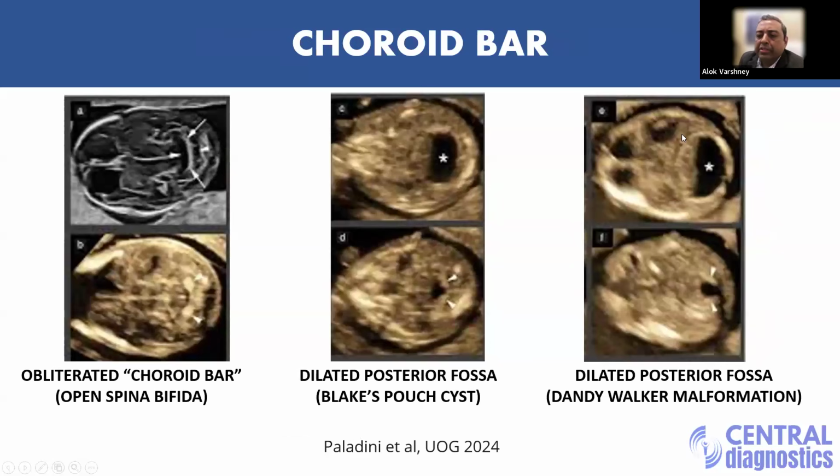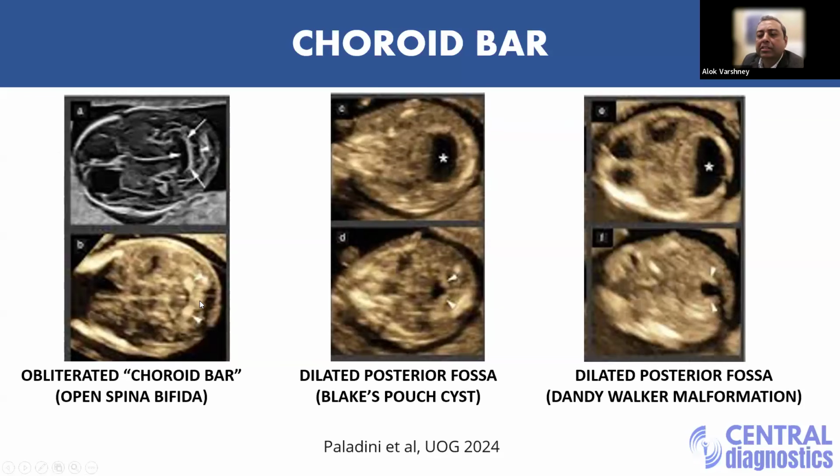So recent papers have stressed this entity known as the choroid bar, which is nothing but the choroid plexus of the fourth ventricle. This is an echogenic line seen in the posterior fossa. And as shown earlier, anterior to it is the fourth ventricle, posterior to it is the future cisterna magna. And when we do not see the choroid bar, like in this case, if it is totally obliterated, we do not see the CSF on both sides.